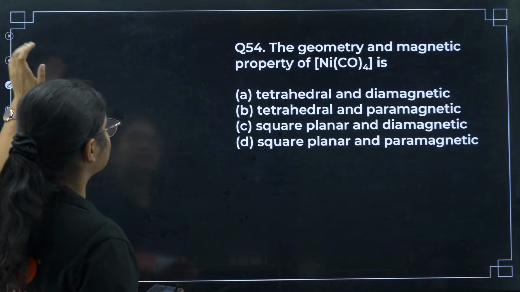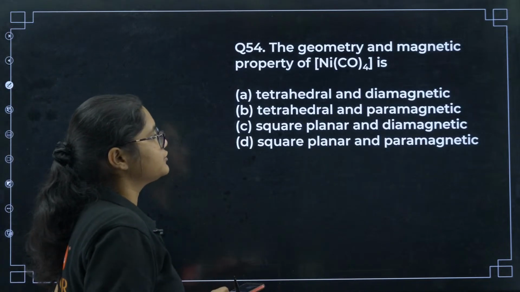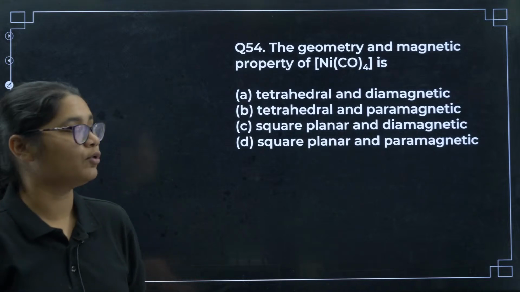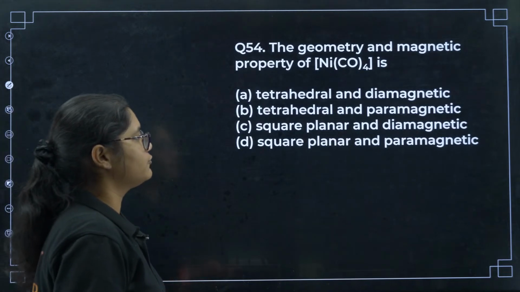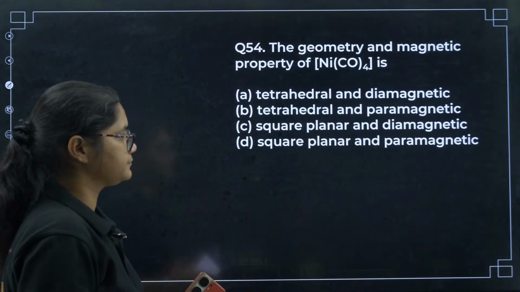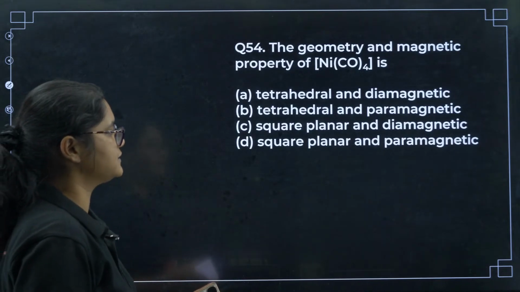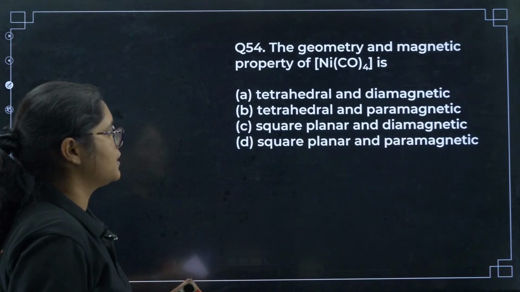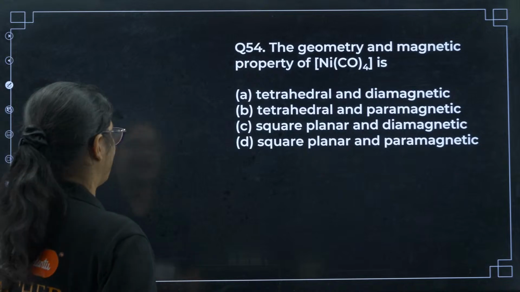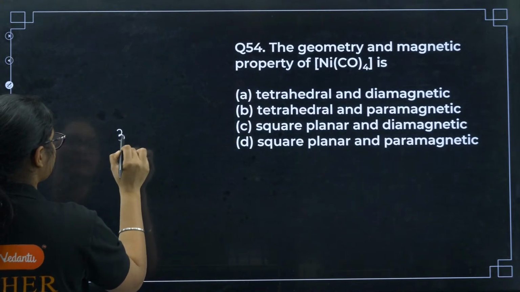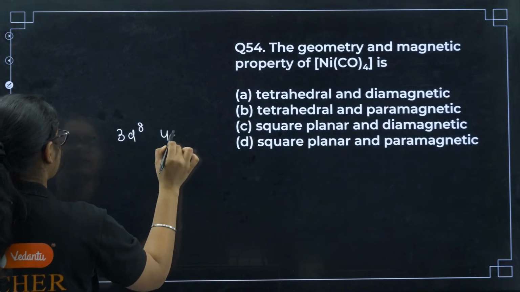Yes. Next, question number 54, the geometry and the magnetic property of Ni(CO)4. Okay, Ni(CO)4 geometry, can you answer this one? First of all, if you see Ni(CO)4, its oxidation state is 0, right? So it is having 3d8 4s2.